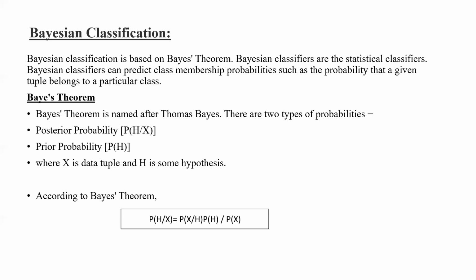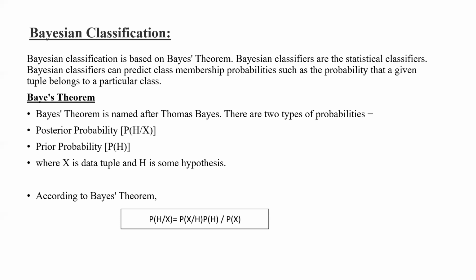Next we look at another term, the prior probability P(H). This is in contrast to the posterior probability. In the prior probability, we consider the same example: the probability that a customer will buy a computer regardless of age, income, or any other information.